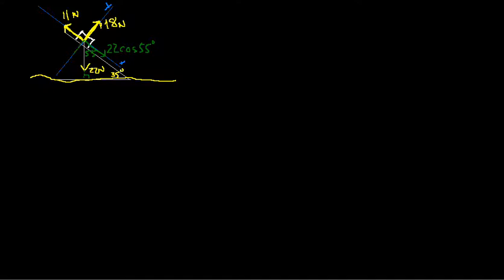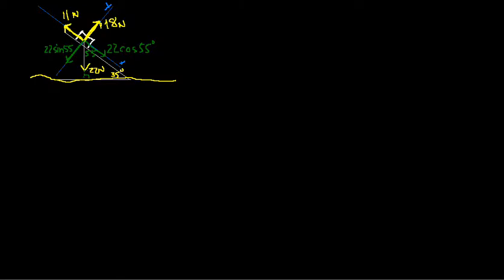In a similar fashion, the y component of the gravity vector, which is going to be here, is going to be 22 times the sine of 55. And that's going to give us the vector that way.